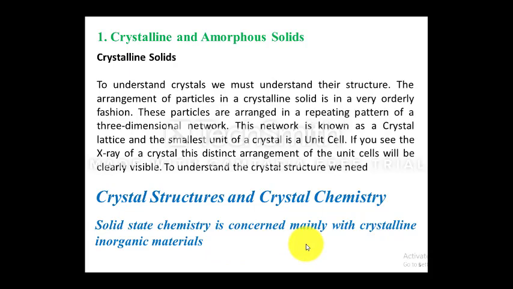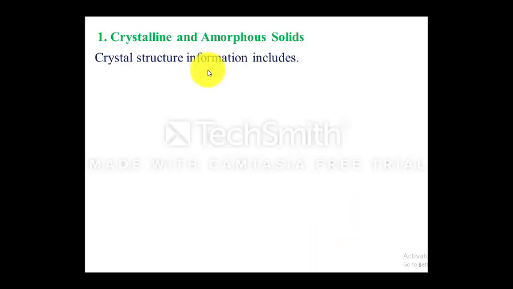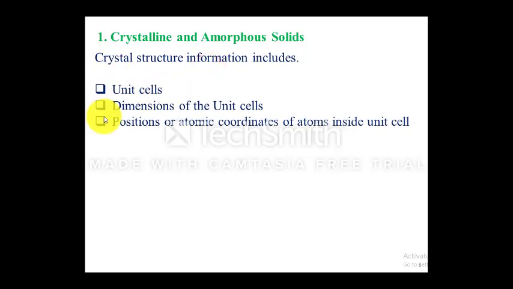Dear students, inorganic materials are mostly in the solid state, which is why solid state chemistry is very important to understand crystalline solids. Crystal structure information includes unit cells, dimensions of unit cells, and positions or atomic coordinates of atoms inside a unit cell.